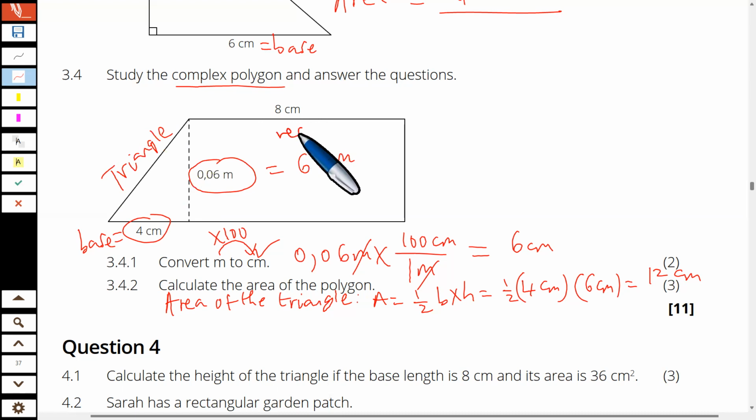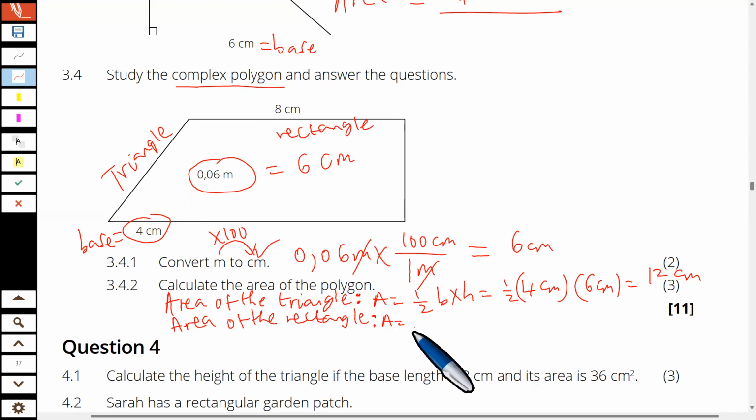And then this one is a rectangle. We're asking the question, what is the area of the rectangle? The area of the rectangle is length by breadth. What is the length? It is the longest side, so this one you would say is the length.